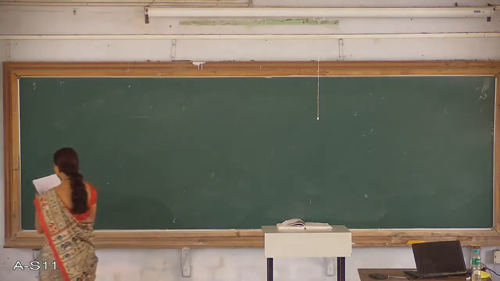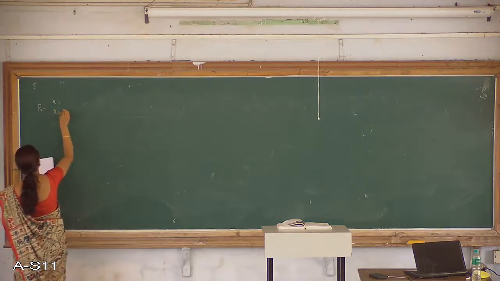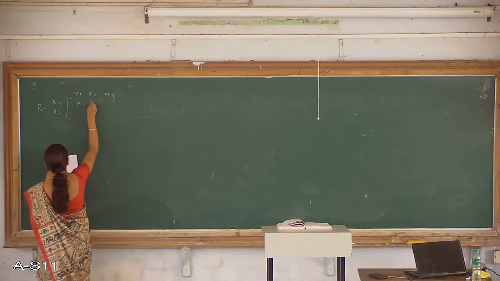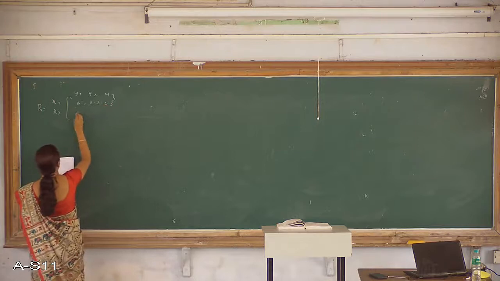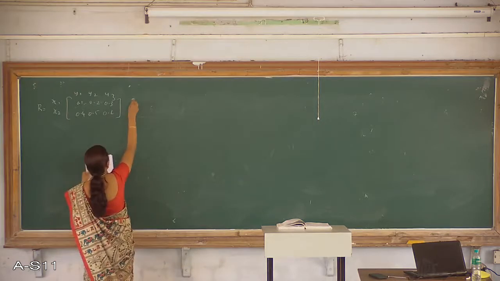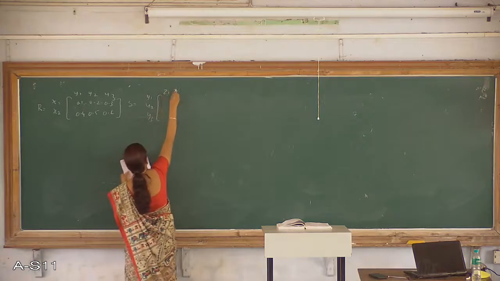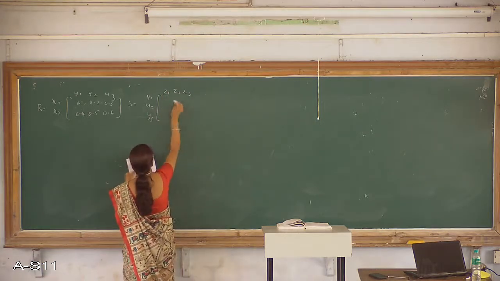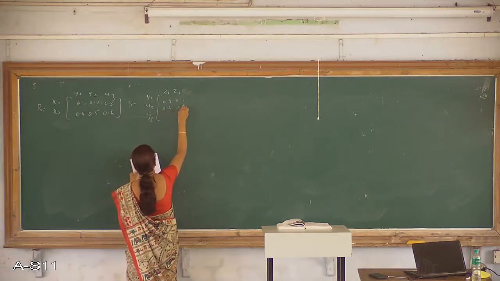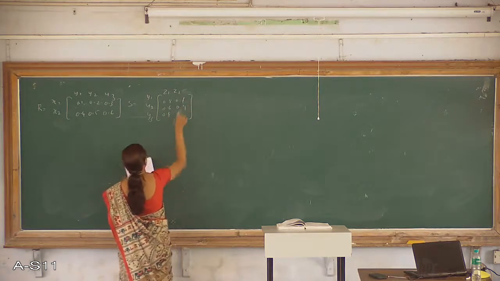The fuzzy relations are given as R equal to, with x1, x2 and y1, y2, y3, the values 0.1, 0.2, 0.3, 0.4, 0.5, 0.6. Then S is given by y1, y2, y3 and z1, z2, with values 0.8, 0.1, 0.6, 0.9, 0.4, 1. These are the two fuzzy relations given to you.